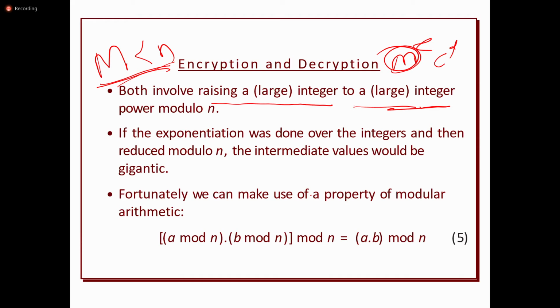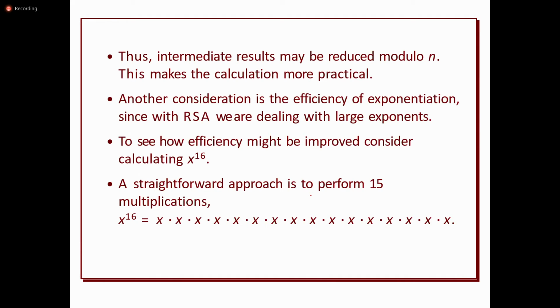And then the other one is the key generation, that is, the prime numbers. So for exponentiation, if x power 16 is there, it requires repeated multiplication.